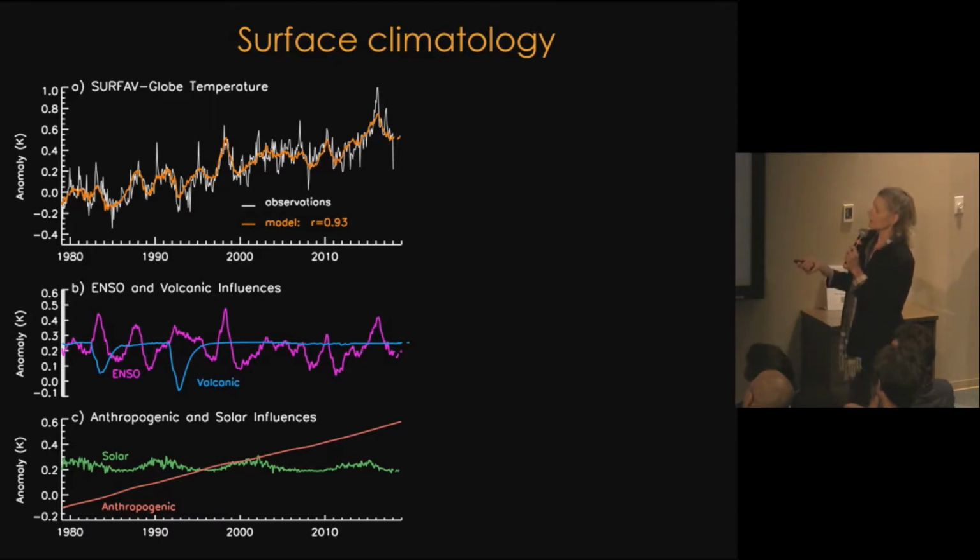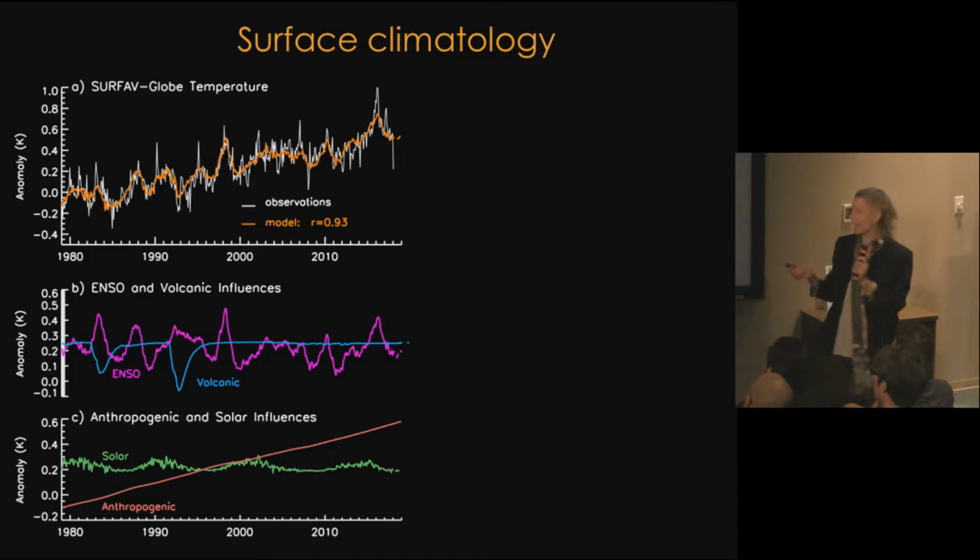So this is the surface temperature anomalies. The orange curve is a model that combines these different effects. It includes a trend due to greenhouse gases; there's no way you could not have an upward trend to explain these data.